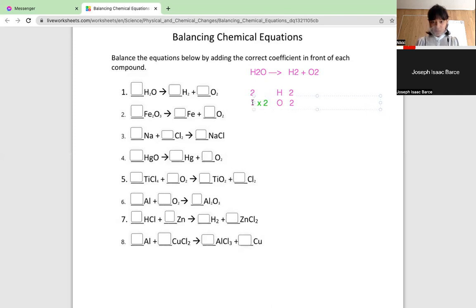So times 2, magkakaroon ka ng 2 na oxygen, tama. But since you multiplied 2 dito sa oxygen, dapat mag-multiply ka rin ng 2 dito sa 2H2O. Do you understand why? Yes. So, since nag-multiply ka ng 2 sa oxygen, kailangan mo rin mag-multiply ng 2 sa hydrogen.